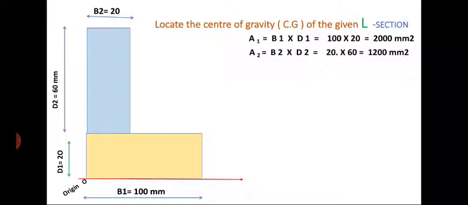Now, I am taking the reference axis. The centroid of a body is calculated with an assumed reference. There is no set rule for selection of the axis of reference, but in general practice the axis reference is the bottommost line of the figure for calculating the y bar, and the left edge line of the figure for calculating the x bar.